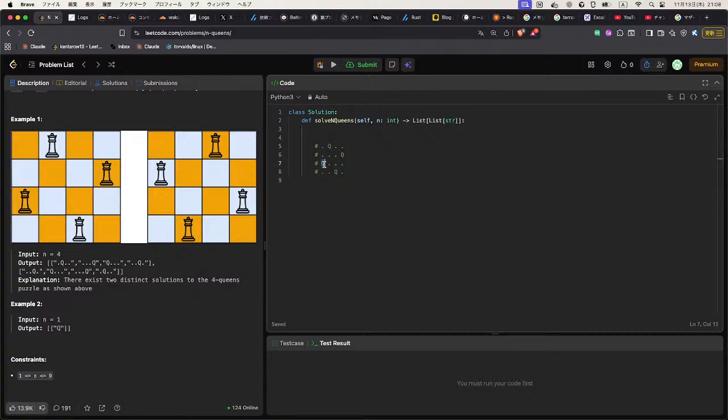and how to find out if that is on the diagonal line or not. Okay, I see.